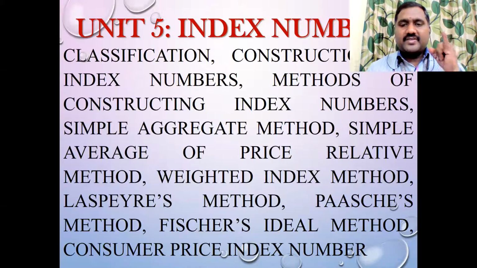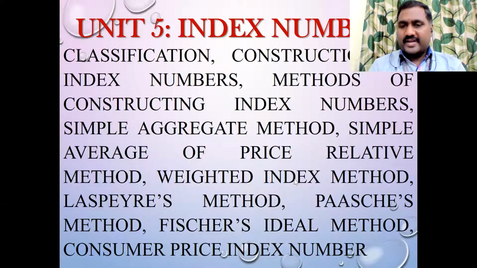Methods of index number: we have the simple aggregate method, this is the first one. The second method is the weighted index method. Under the simple method, we have the simple aggregate method and the simple average of price relative method.